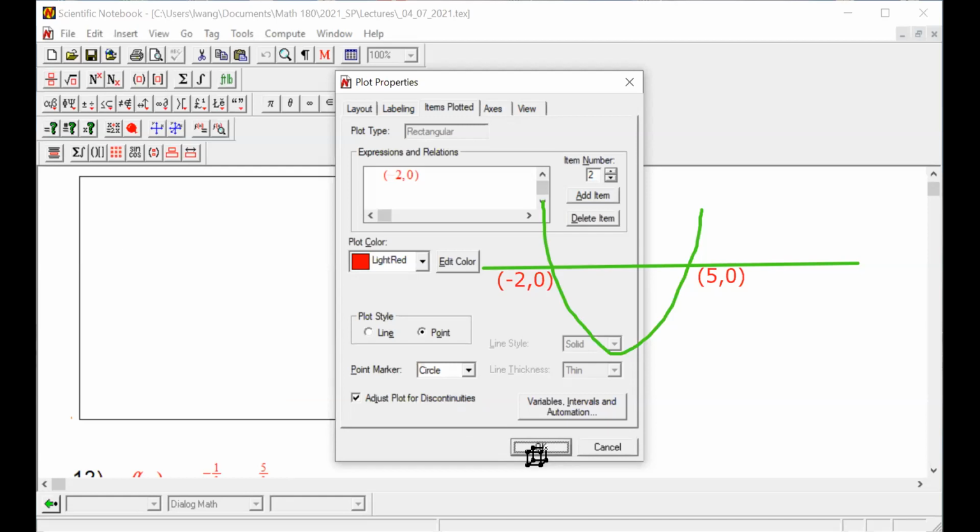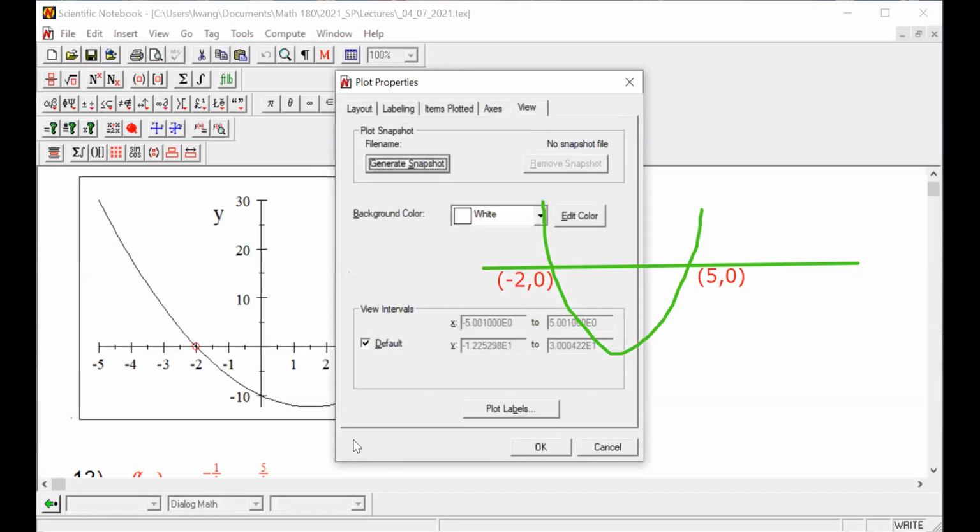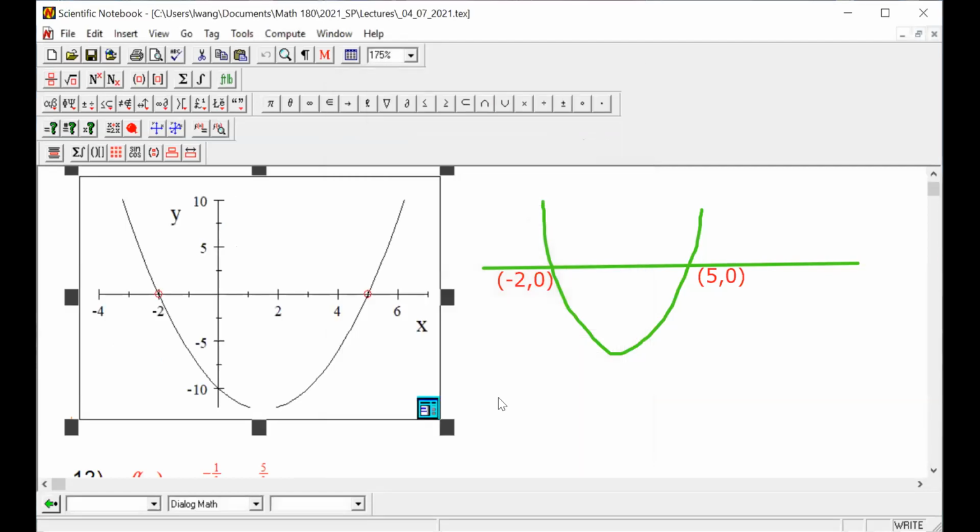So you get 2 circles here, and I will also make some adjustment for my curve, so that I will see more of the curve. That should be enough, right?